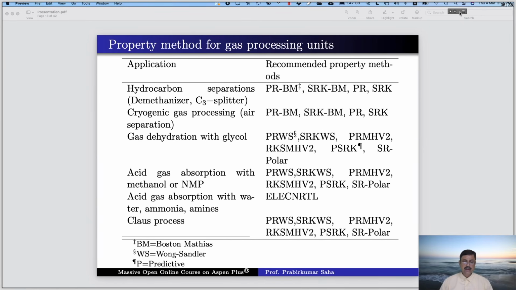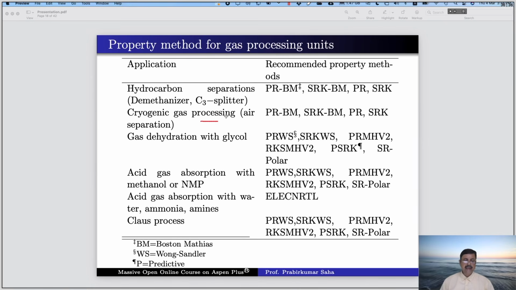For that we can use PRBM, that is Peng-Robinson Boston-Mathias property method, or Soave-Redlich-Kwong Boston-Mathias property method. The same kind of property methods can be used for cryogenic gas processing, for air separation.